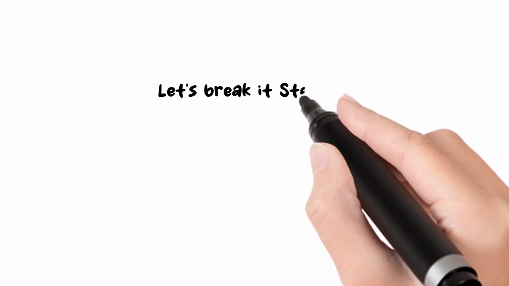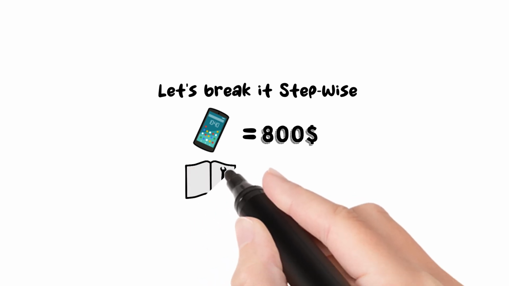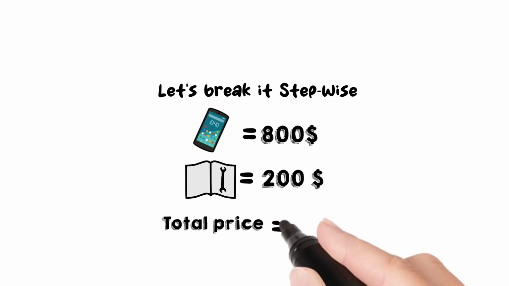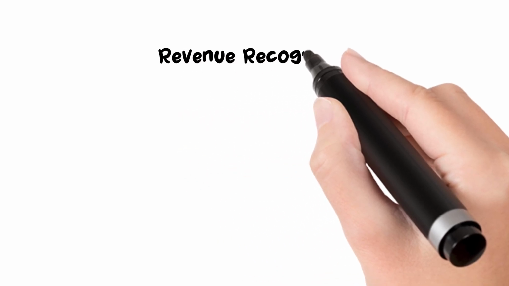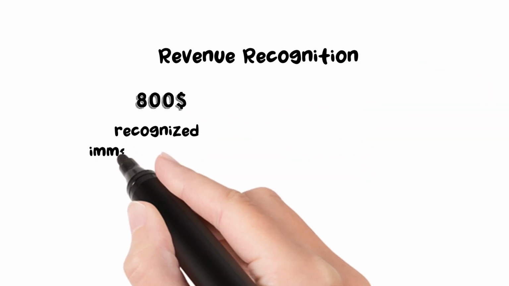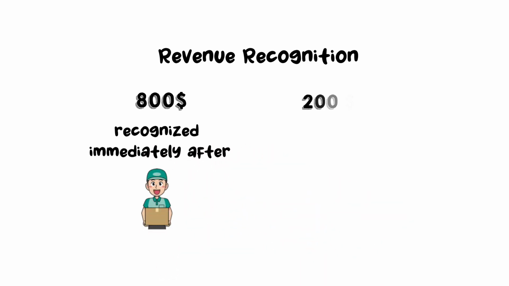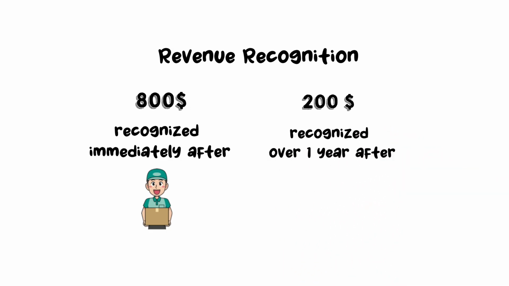Let's break it stepwise. Phone value equals $800. Service value equals $200. Total price equals $1,000. Revenue recognition: $800 recognized immediately after the phone is delivered. $200 recognized over 1 year after service is provided.